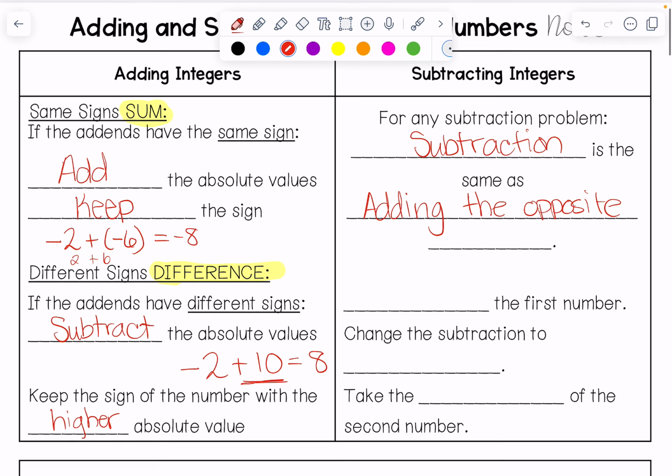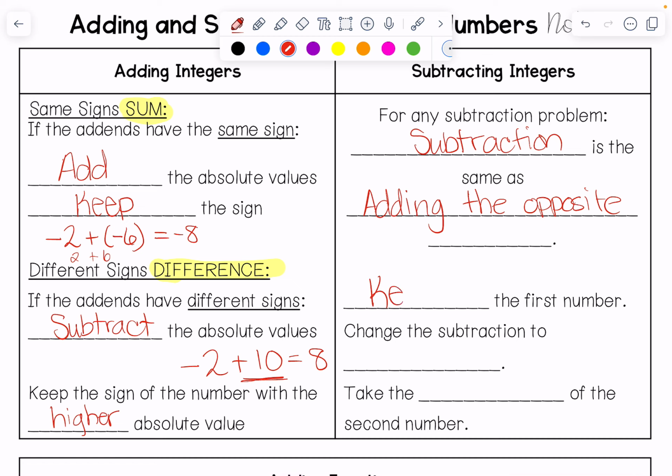So how you do that is you keep the first number, change the subtraction to addition, and then take the opposite of the second number. A quick example with integers might be 3 minus -4. Keep the first number, rewrite the subtraction as addition, take the opposite of -4 to get +4, and now our problem is 3 plus 4 is 7.